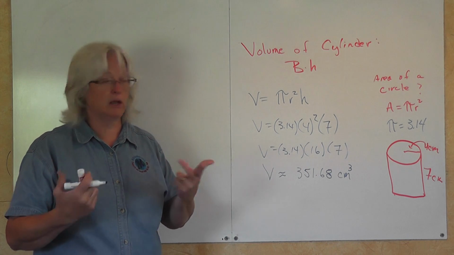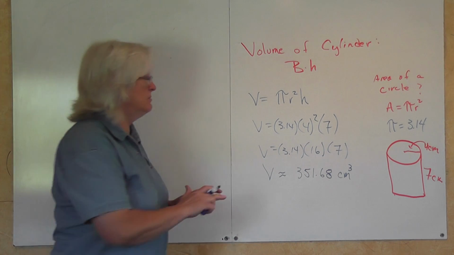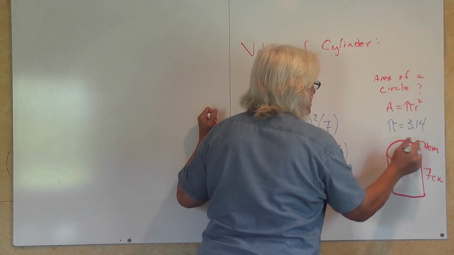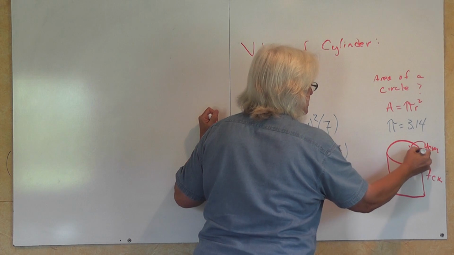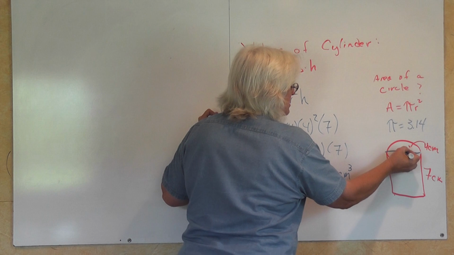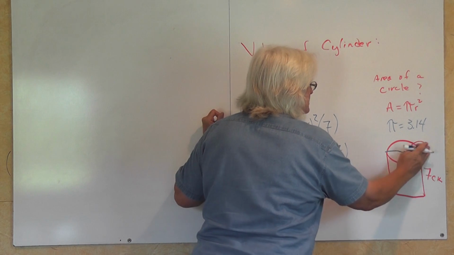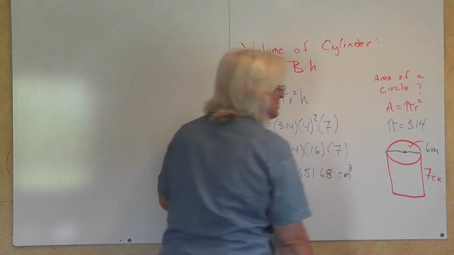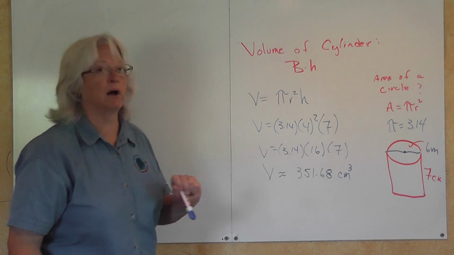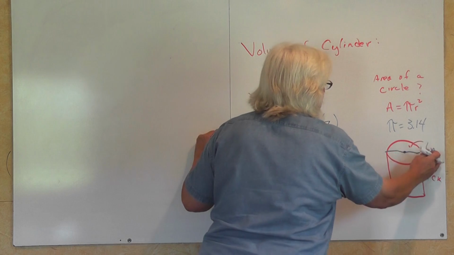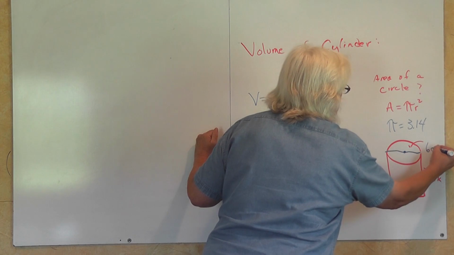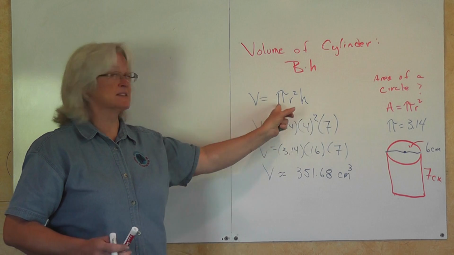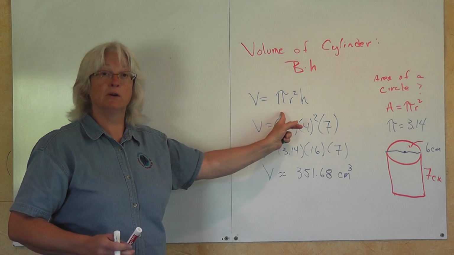Now let's just go ahead and think, well, what would we do if we had been given the sketch and it showed a line like this, and it told us that that measure was 6, well, I wrote meters. This measure here was 6 centimeters. Would you just plug that 6 into this formula here?